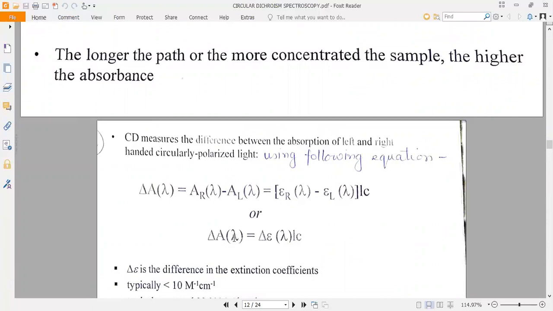So the change in absorption at a given lambda will be the change in the extinction coefficients at that lambda, times path length and concentration.